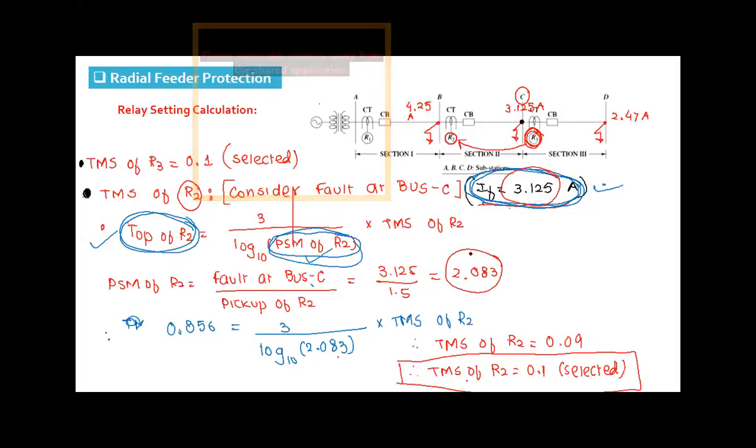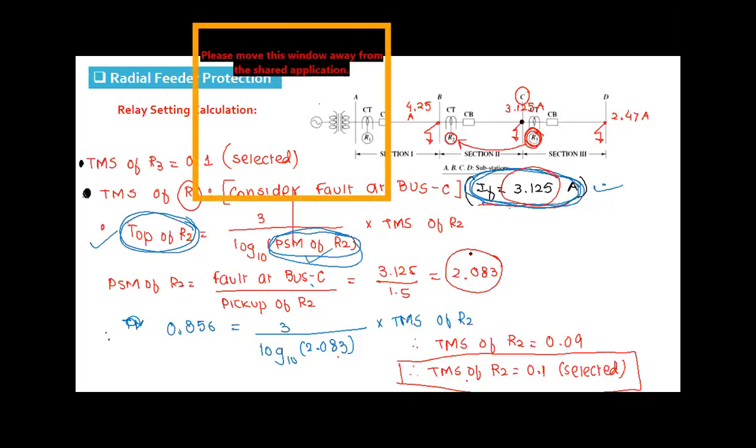So obviously PSM of R3 is more than R2 for the same fault current. And higher the PSM, lower is the time. So even though TMS are same, that does not mean that the time is same. Time of operation also depends upon PSM.